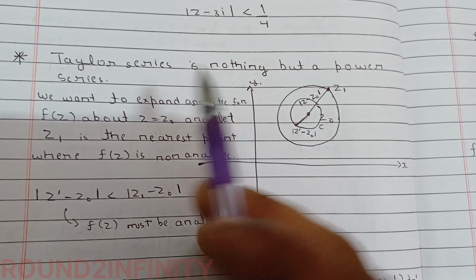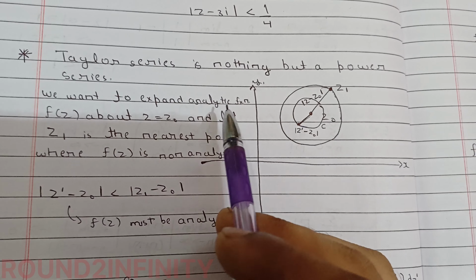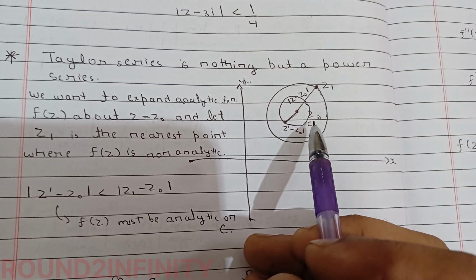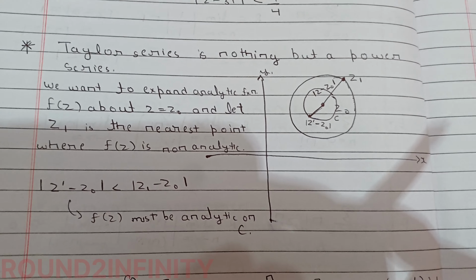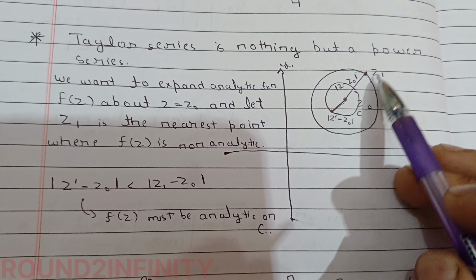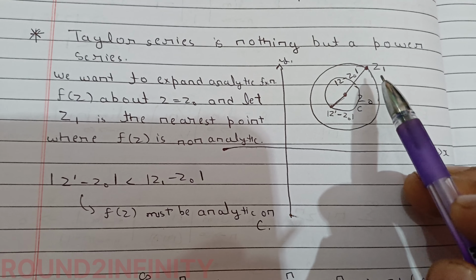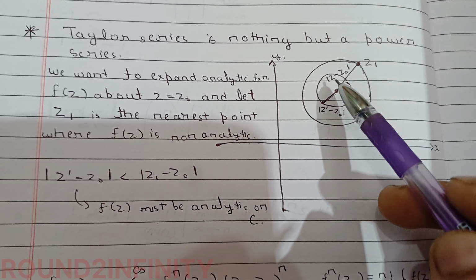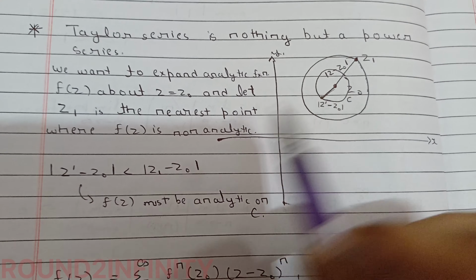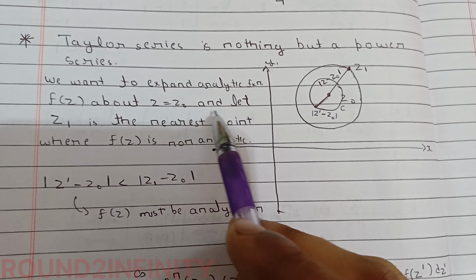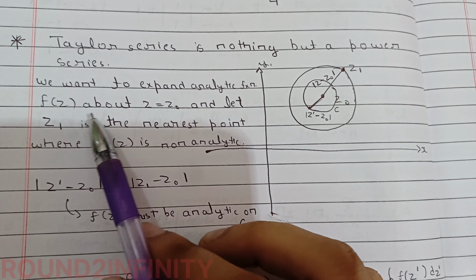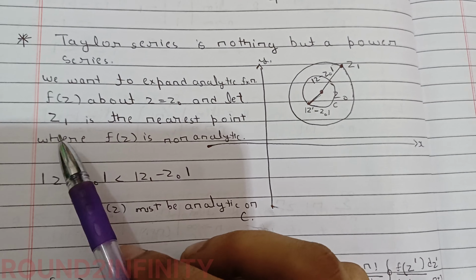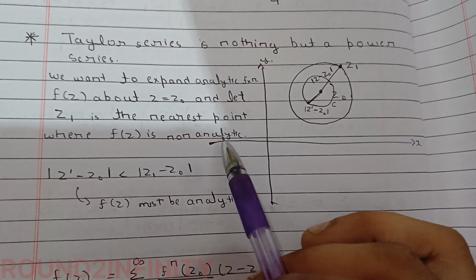So that is actually the formula for Taylor series. We want to expand an analytic function fz about z equal to z0, and let z1 be the first point where this function is non-analytic. So we take the region inside, and we want to expand the function in this region. This is the analytic region. So we want to expand analytic function fz about z equal to z0, and let z1 be the nearest point where fz is non-analytic.